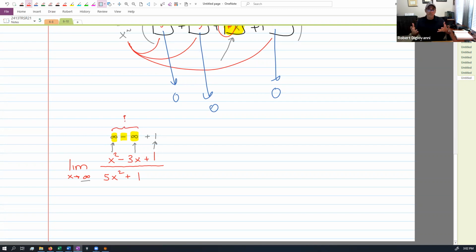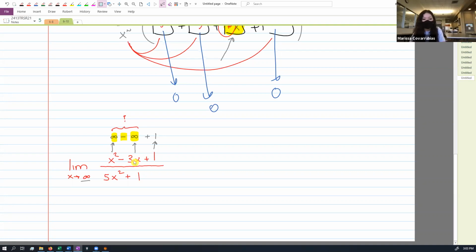Yeah. Okay, so let me help everyone resolve this. When it comes to those two expressions, x squared and 3x, Marissa, which one of those two expressions do you think dominates the other one if we're plugging in big numbers? The one with the higher exponent.